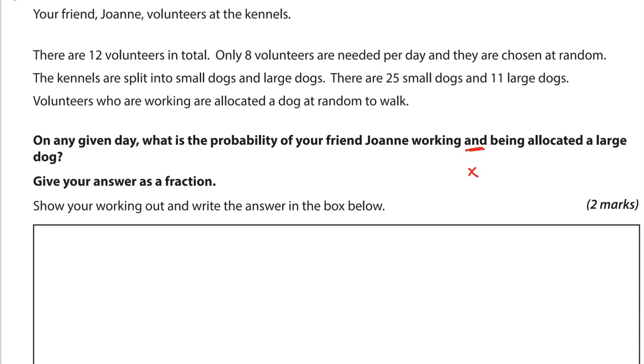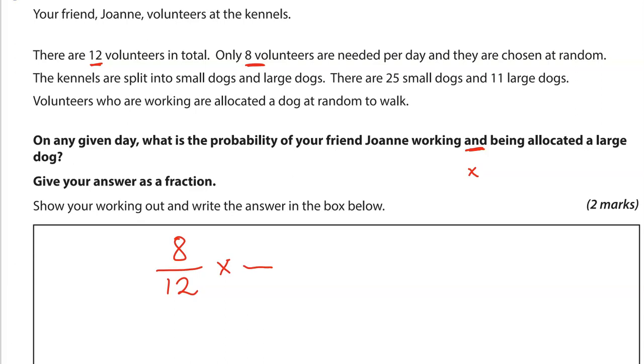So probability of your friend Joanne working. It says only 8 volunteers are needed per day, and there are 12 volunteers in total. So probability of working, that is 8 out of 12, so 8 twelfths, multiplied by, what's now the probability of being allocated a large dog?